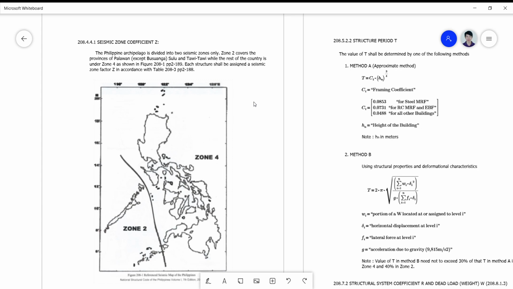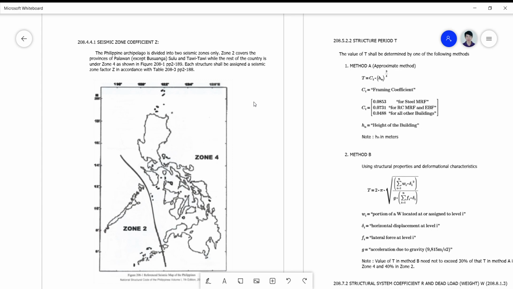So, in general, the Philippine archipelago is divided into two seismic zones only, and those are Zone 2 and Zone 4. Unlike other regions wherein they have four divisions, we only consider two. Most of the Philippine archipelago is located in Zone 4.